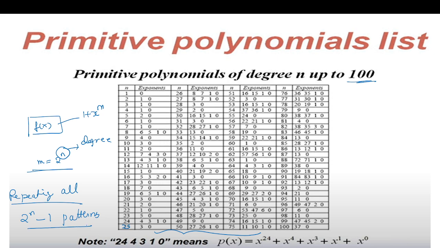Because if we give all 0, then it will be stuck at 0, so all zeros are excluded. Any polynomial which generates a sequence that repeats after 2 to the power n minus 1 vectors, those polynomials are known as primitive polynomials. The values for primitive polynomials have been found experimentally.